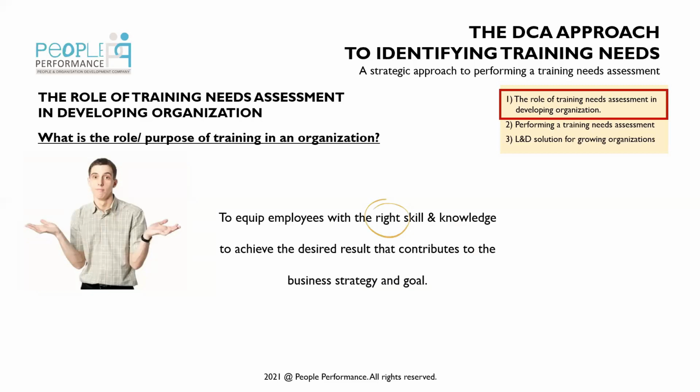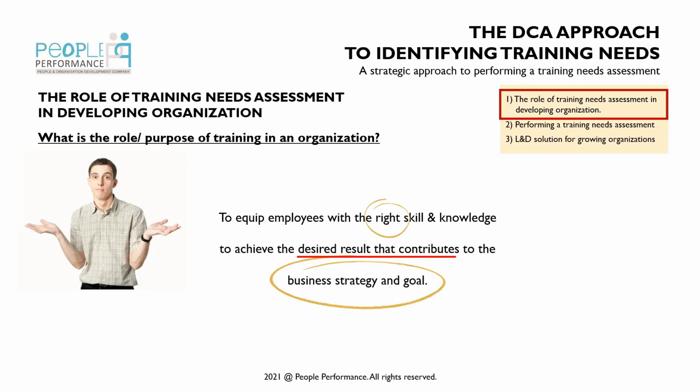Because what is right to me may not be right to you. What is right to you may not be right to someone else. Now, it goes on to say, to achieve the desired results that contribute, which means it's right if it contributes towards the business strategy and goal, which is why you do need to take note.